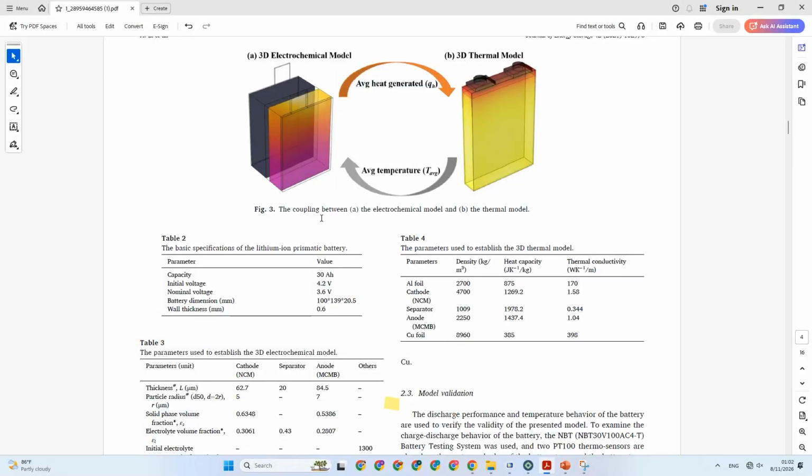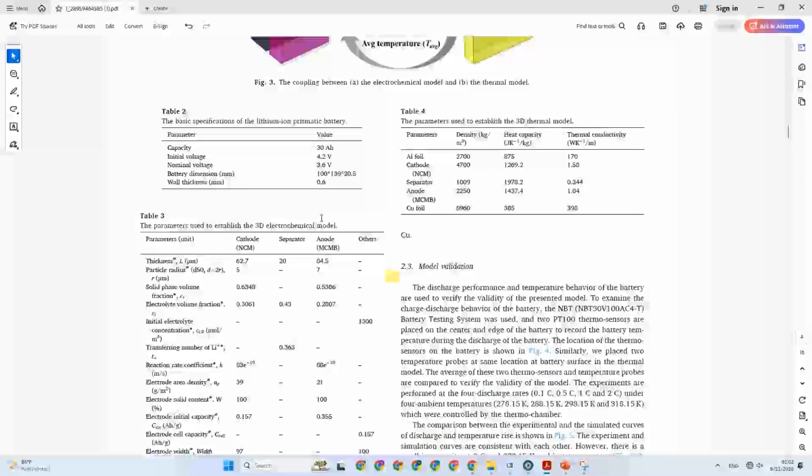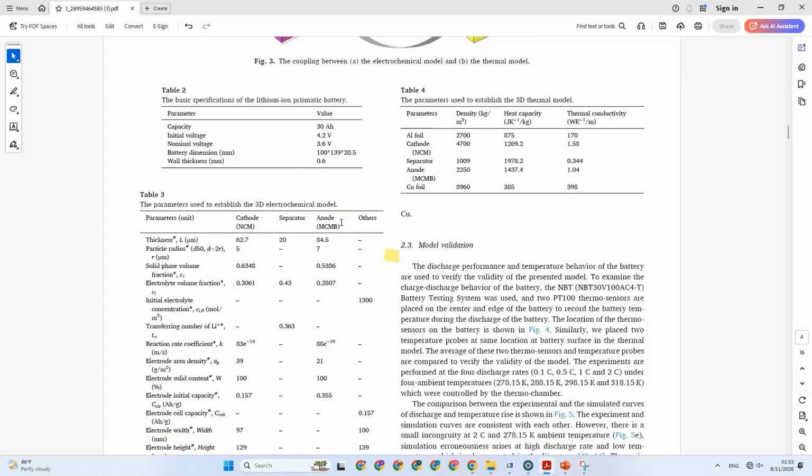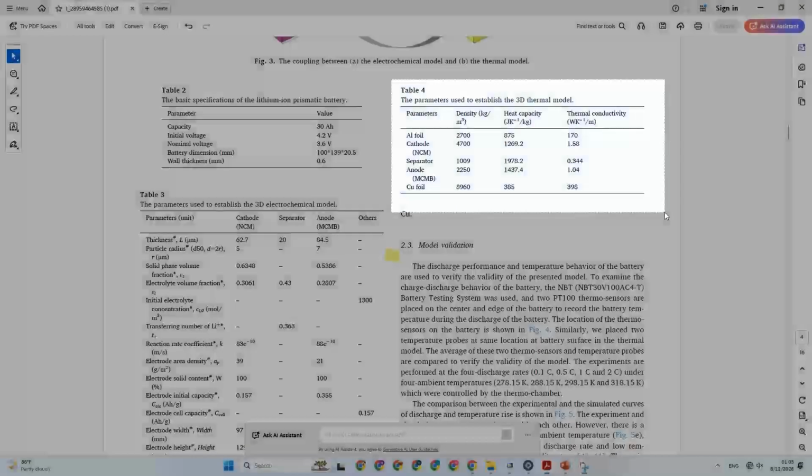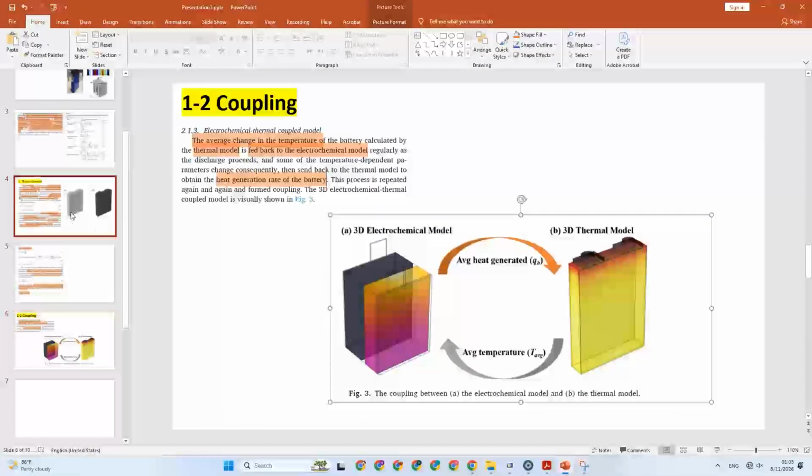Okay, coupling, and we have a 1, 2, 3 table that is related to the input parameters. Okay, for thermal, we have density, heat capacity, thermal conductivity. This is for the thermal model, and I just copy it in the thermal model section.